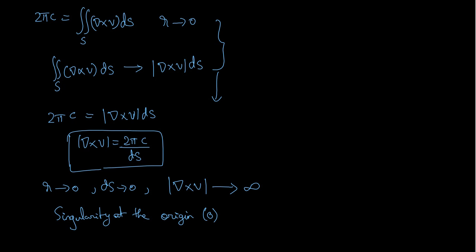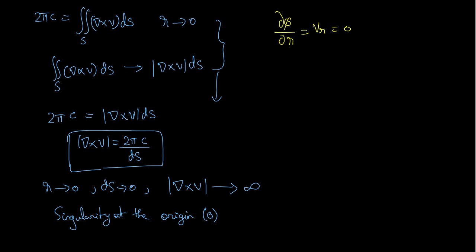Now that we have looked at this, let's go back to our usual procedure of calculating our velocity potentials. If I try to calculate my velocity potential, I know my dφ/dr is v_r, which is 0.